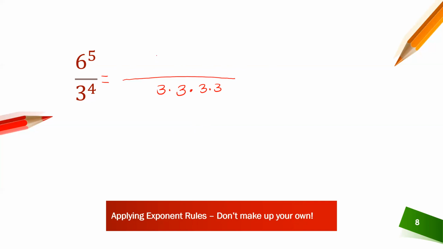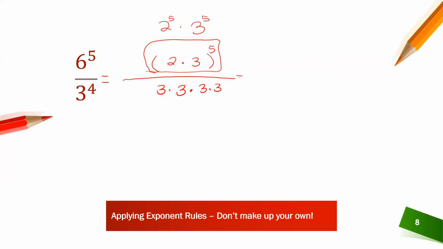Well, I know that 6 is 2 times 3, to the 5th power. Okay, now based on the property that we had just seen, this is going to equal 2 to the 5th power multiplied by 3 to the 5th power, right? That's a times b to the n power is the same as a to the n times b to the n, right? So I can split them up that way.